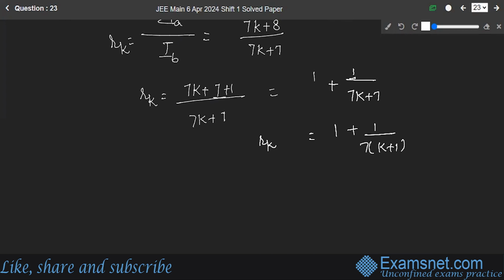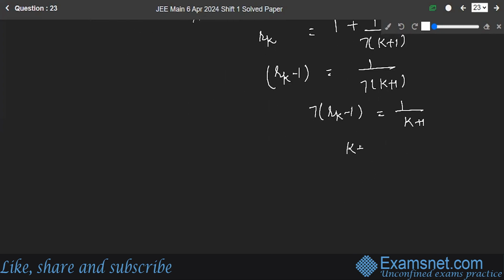Right. So Rk minus 1 is equal to this. Or 7(Rk minus 1) is equal to 1 upon (k plus 1). Or you have k plus 1 is equal to 1 upon 7(Rk minus 1). This is the value of k plus 1.